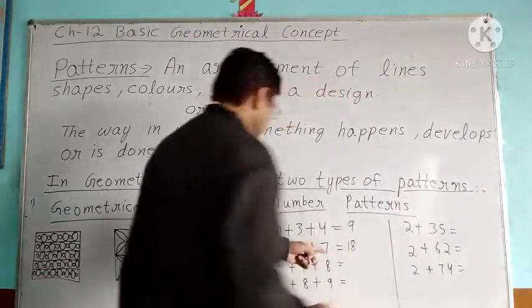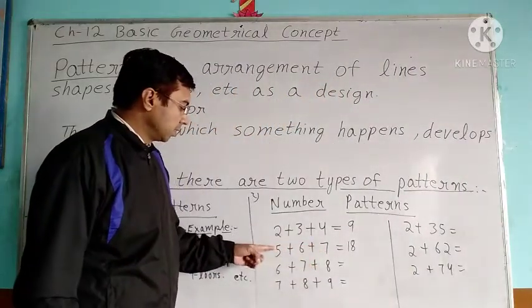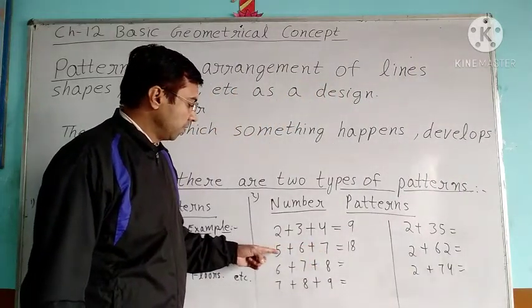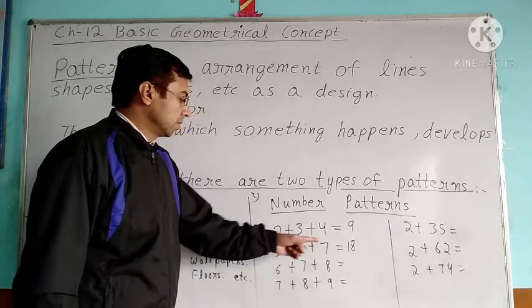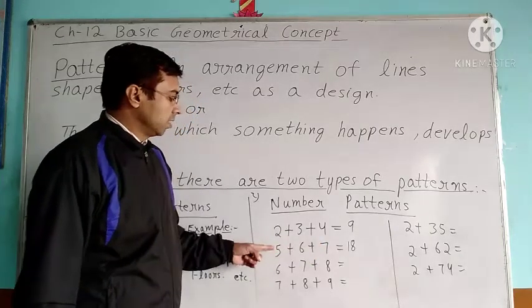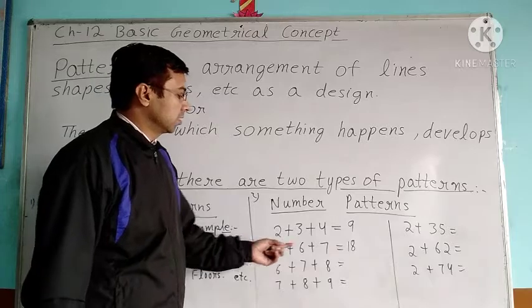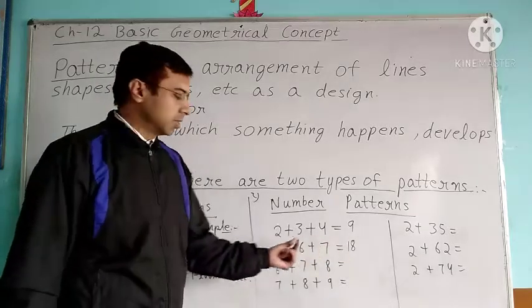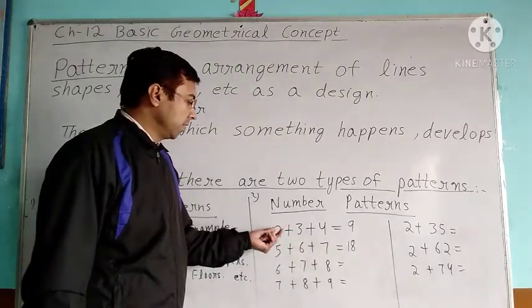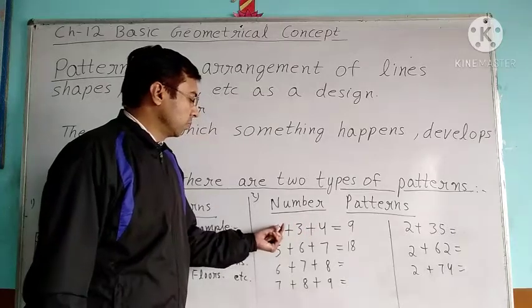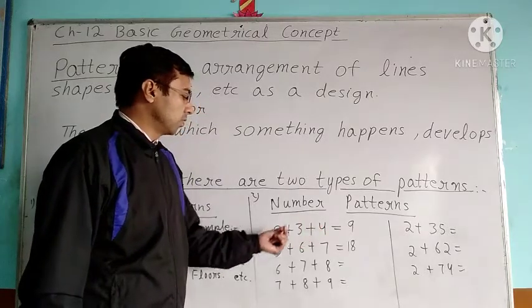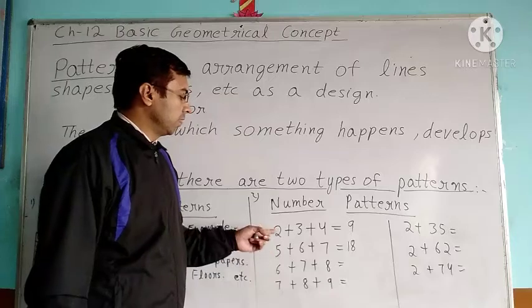How? See here. If we take one from this 7 and add 1 to this 5, it will become 6. 6 plus 6 plus 6, so 6 times 3 is 18. Here we borrow 1 from this 4 and add 1 to this 2, it will become 3.